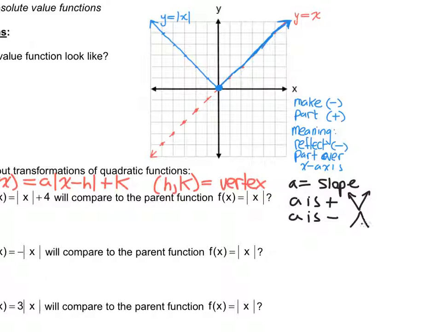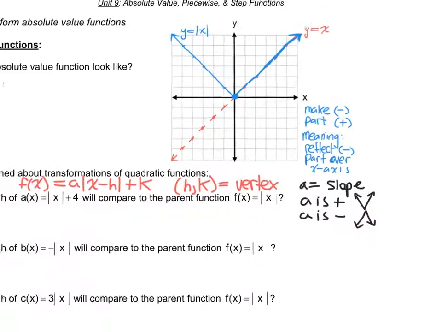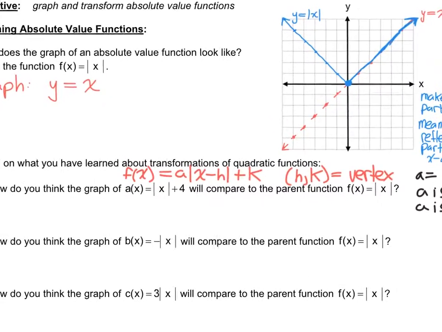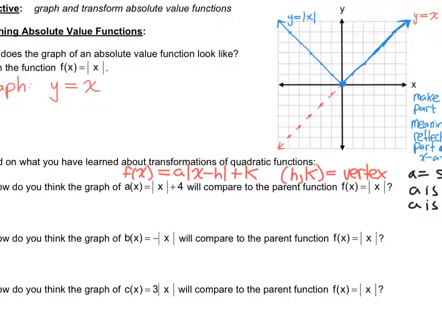So the absolute value function in this context would open downwards. So really, my only role in this unit is to just connect all the stuff you already know to this new form of a function.